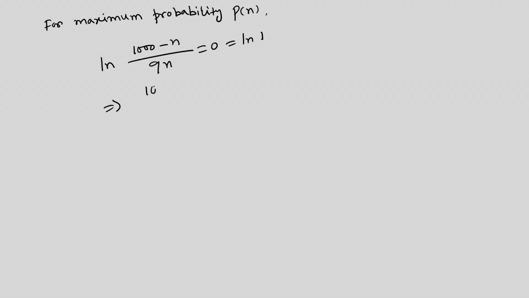So, we get 1000 minus n by 9n equals to 1, n equals to 100.